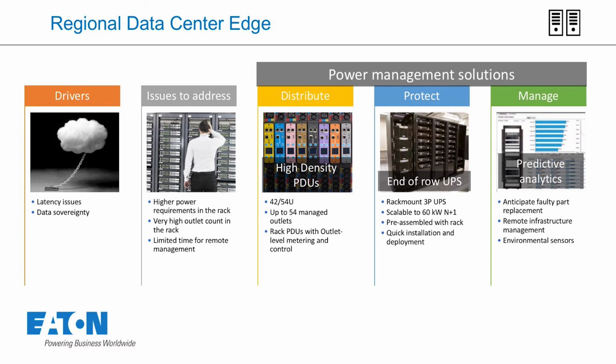What are we looking for? What are the solutions we're looking for? We're looking to distribute properly, again, all this power that is needed at the row rack level. We need to protect it. We need a backup system, preferably if it's scalable, up to 60 kilowatts, depending on the amount of servers that you have in the rack, servers and storage.